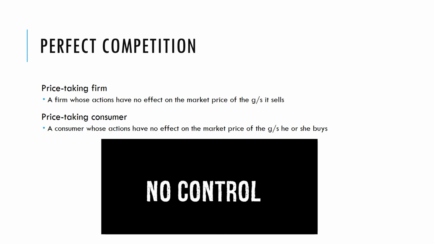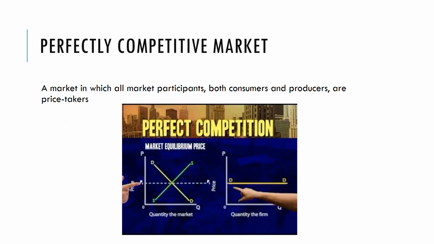Same thing with the seller. There are so many firms selling that product that each firm can produce as much as they want, and it will not affect the supply curve for that market. Because the market is so large, with so many people producing and consuming, no one consumer or firm affects the price of that good.